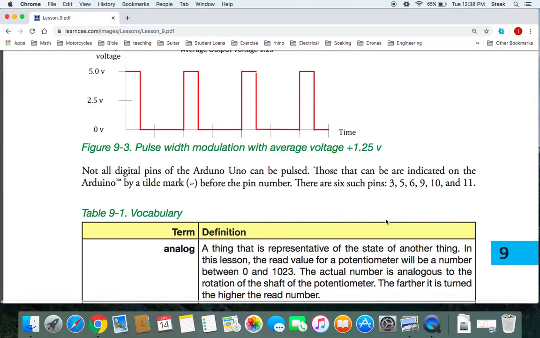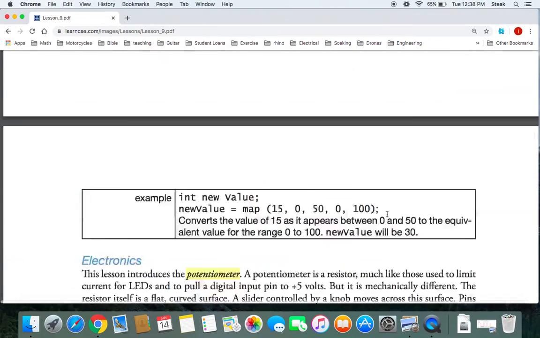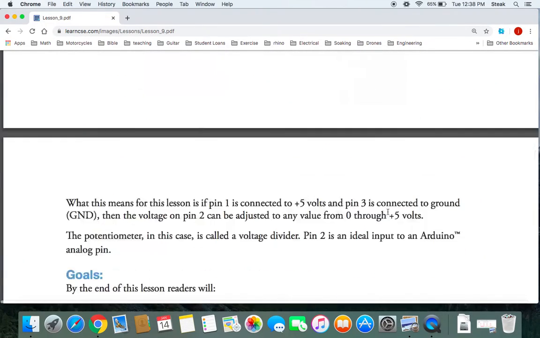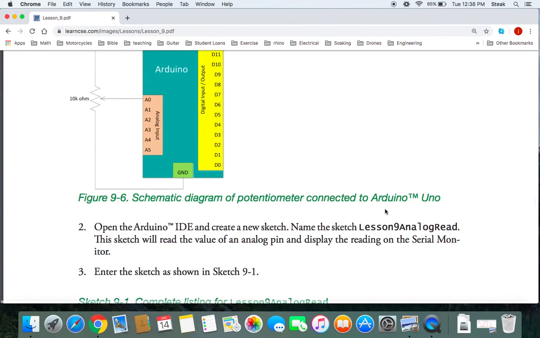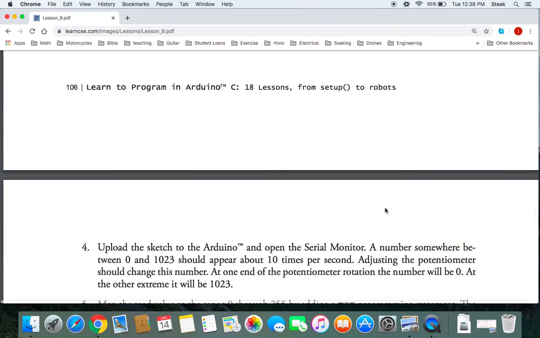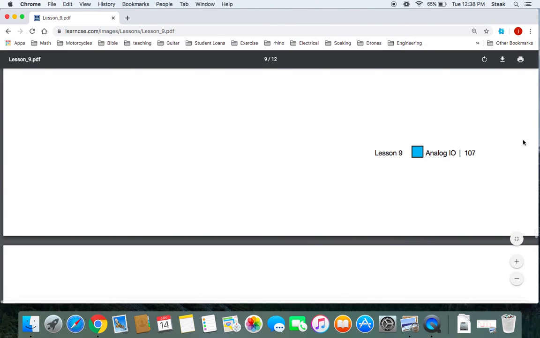Let me see if I have a picture of it really quick. This would be a good time to have a picture of the Arduino. That picture is kind of small. Okay, I don't have a good picture of it, looks like. So we'll go back.